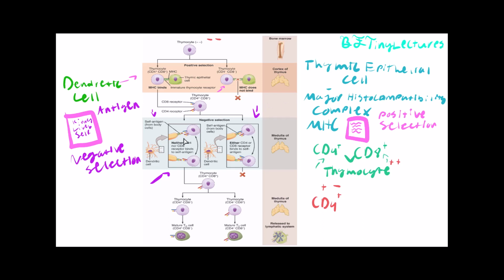I can recognize that this antigen is healthy. It's part of the kidney, and there's nothing wrong with the kidney. I'm not going to do anything to it. I'm going to allow it to live. And that allows the thymocyte to graduate the class, and it's able to leave the medulla of the thymus. So now we are fully graduated.